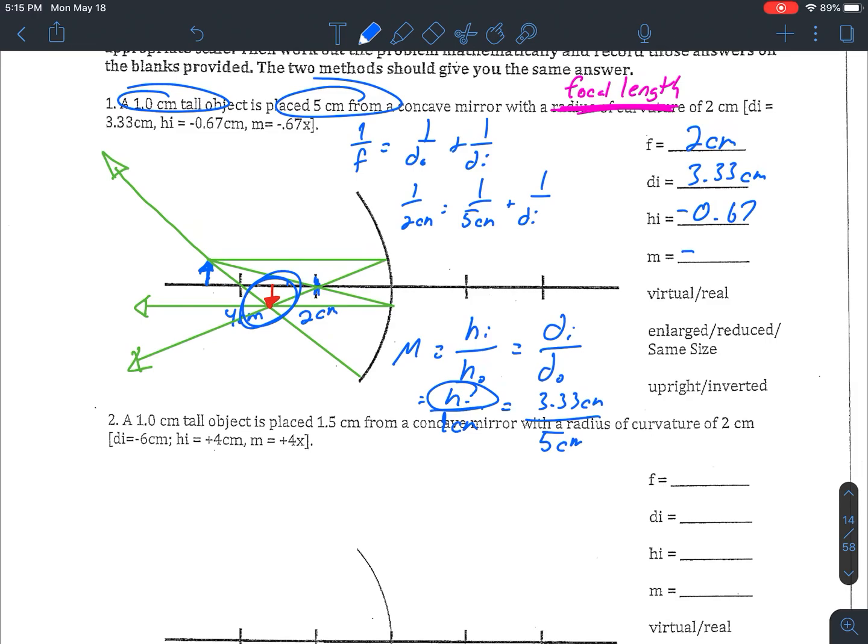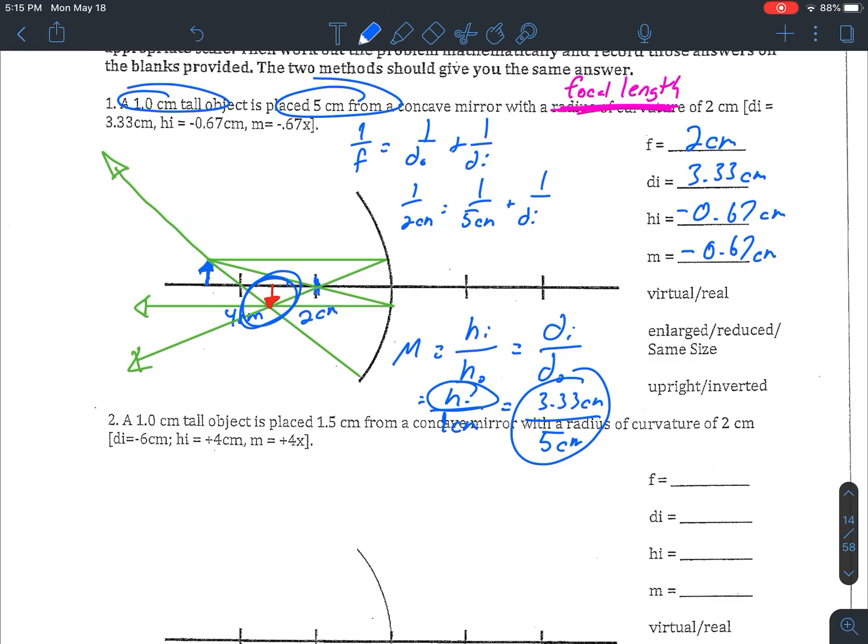And that would give us, if we could measure this a little bit, as far as magnification goes, 3.33 over 5 will give us 0.67, which, just because our object was 1 centimeter tall, is the same as the magnification.